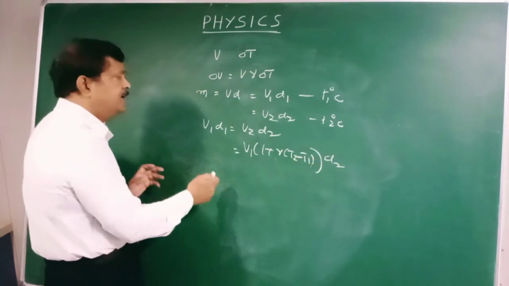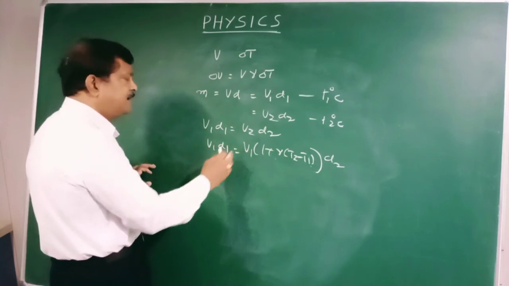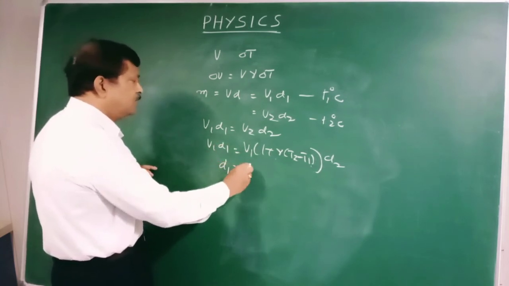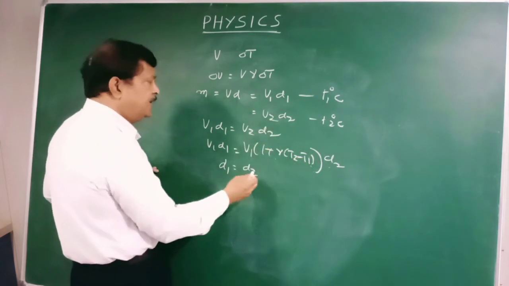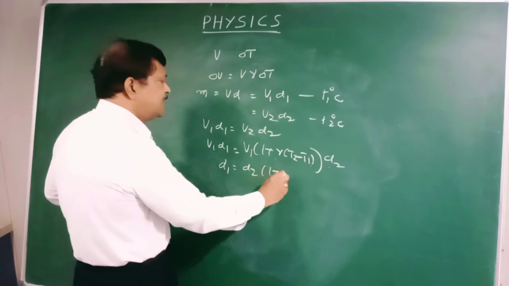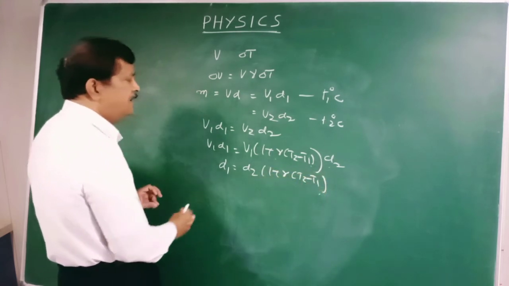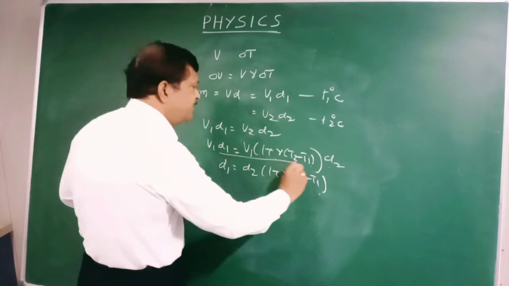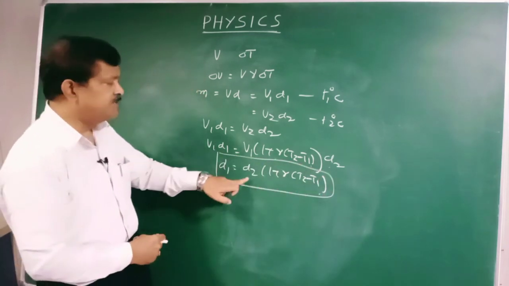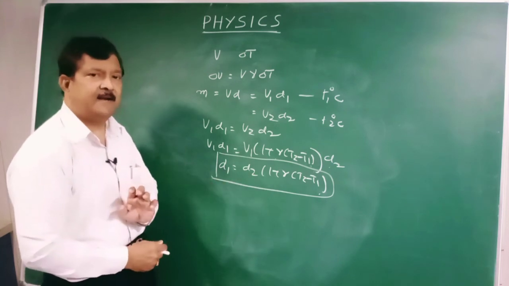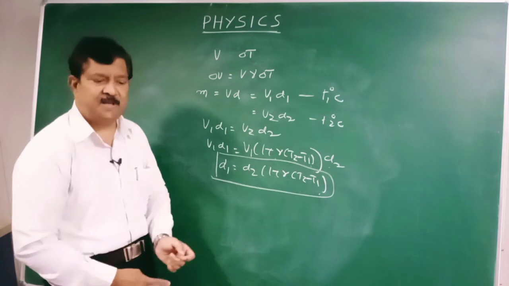Now this is V1 D1. So when you cancel the term V1, D1 = D2 (1 + γ (T2 − T1)), where D2 is the density at higher temperature. This is the relation between the densities of the body at temperature T1 degrees centigrade and T2 degrees centigrade.